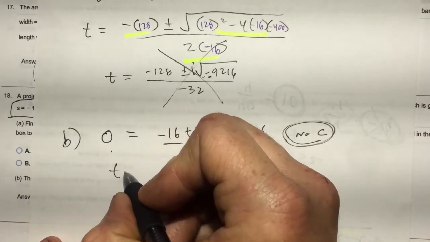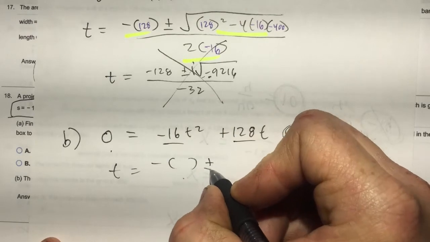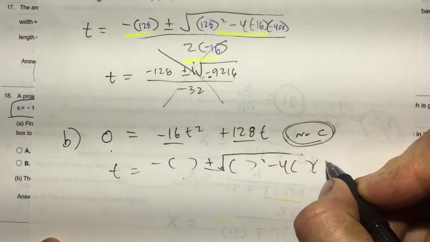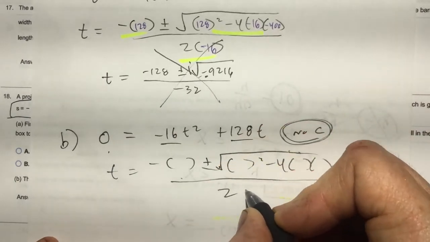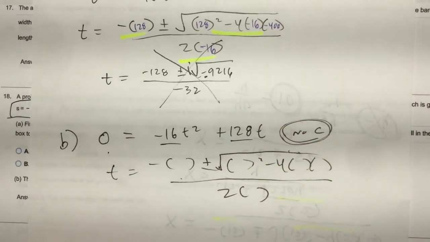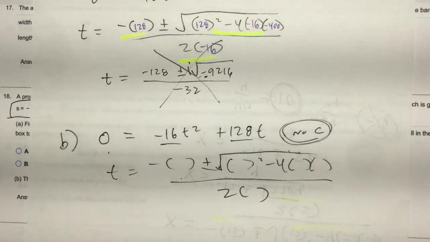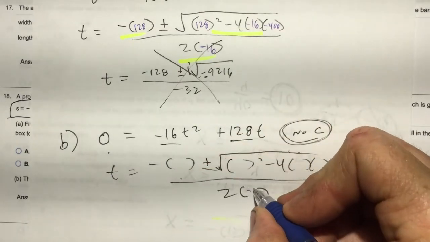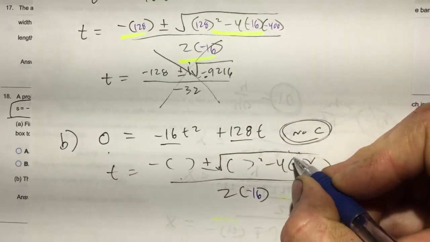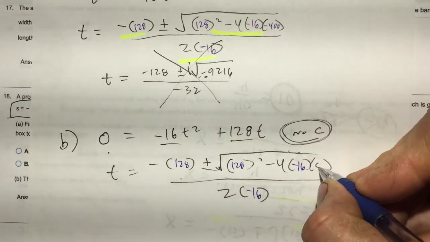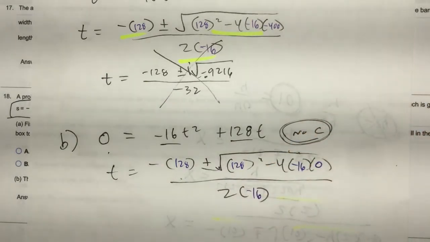So we're going to do this again. T equals negative B plus or minus the square root B squared minus 4AC all over 2A. Now, my A is negative 16. My B is 128. My C is a 0 because I don't have one.